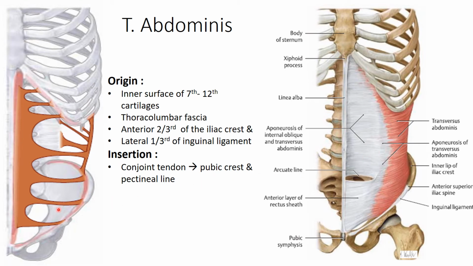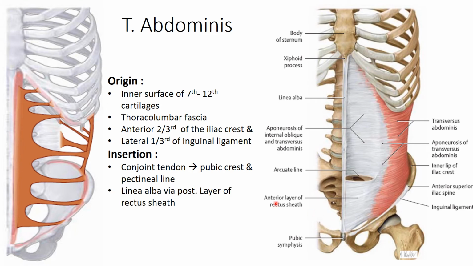So the insertion is the fibers from the lower part, from the inguinal ligament. These fibers join the corresponding anterior aponeurotic fibers from the internal oblique to form the conjoint tendon, and they are attached to the pubic crest and the adjoining portion of the medial part of the pectineal line.